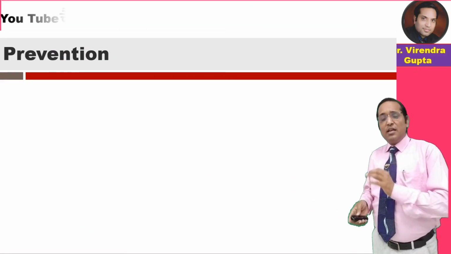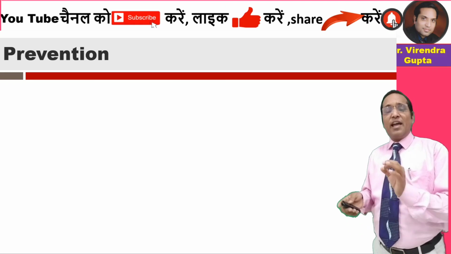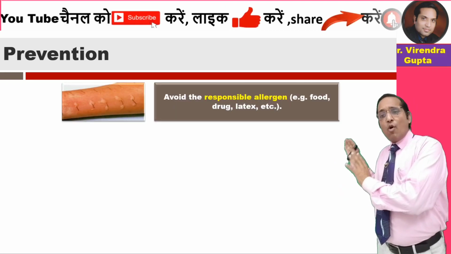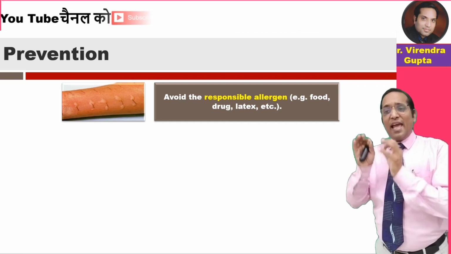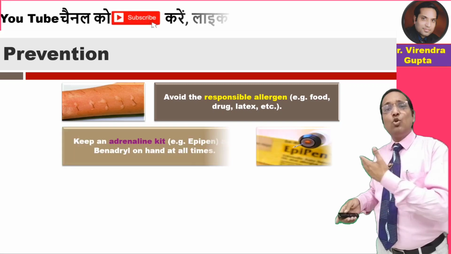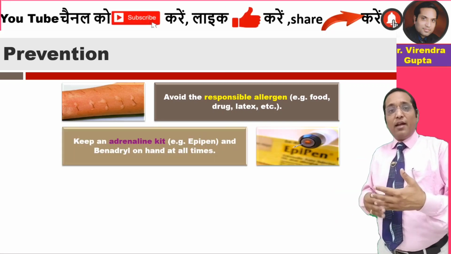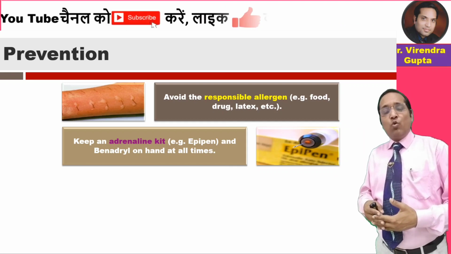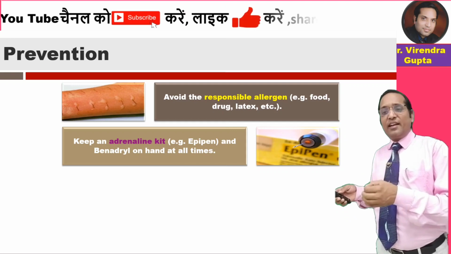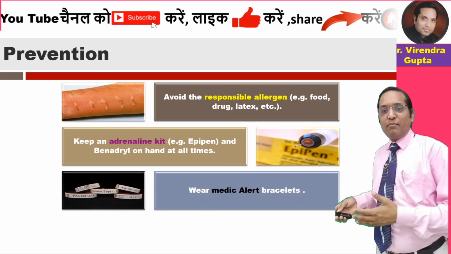So guys, there are very important steps for the prevention of anaphylaxis reaction. We should avoid the responsible allergen, which may be food, drug or latex, known to cause allergy in the individual, and the individual with a known allergy should keep an adrenaline kit such as EpiPen and Benadryl on hand at all times.